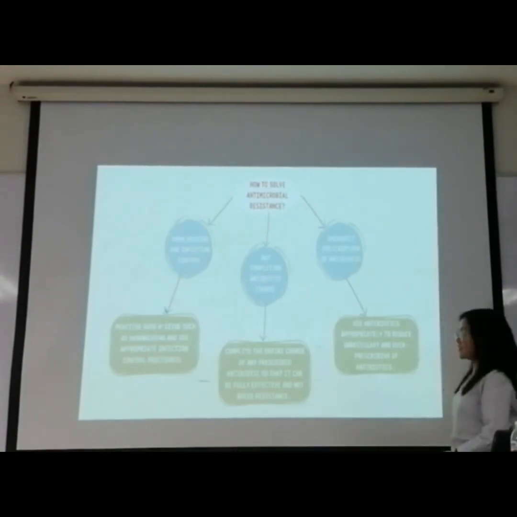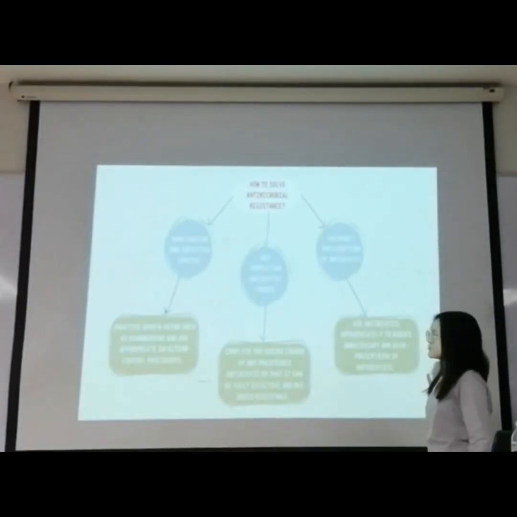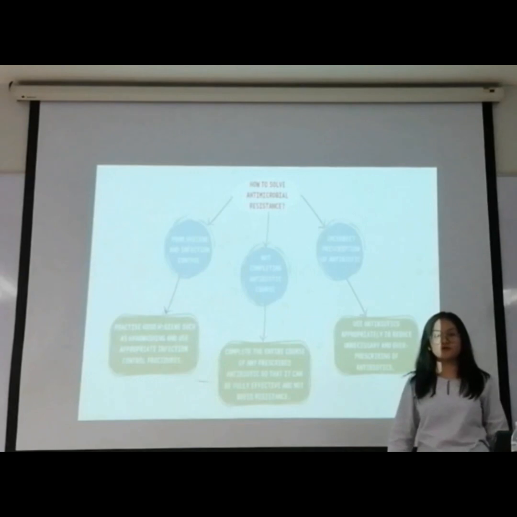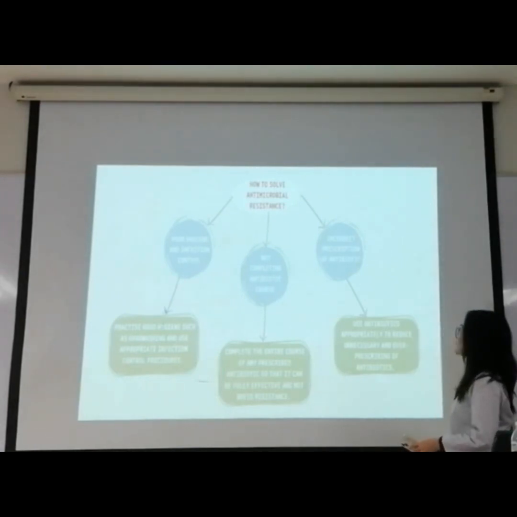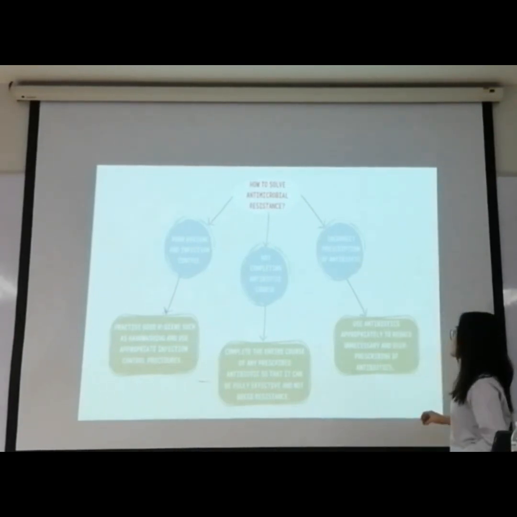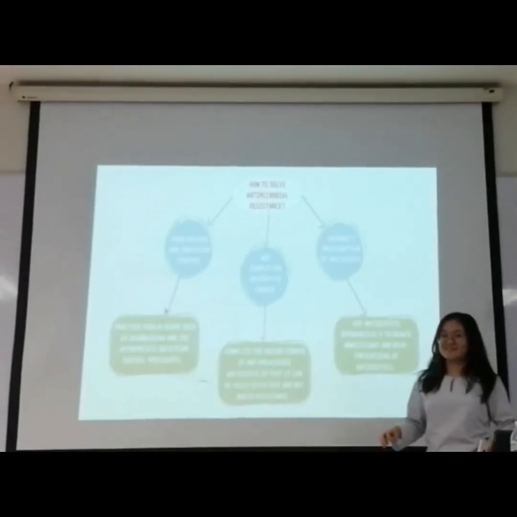Alright, so to solve the problem, we have used the first principle tool. To use this tool, we firstly have to identify the problem that we want to solve. The problem that we want to solve is of course antimicrobial resistance. Then, we have to break it down into fundamental pieces and question our assumptions.